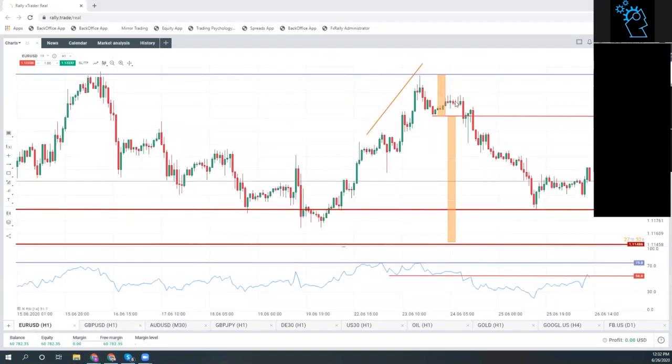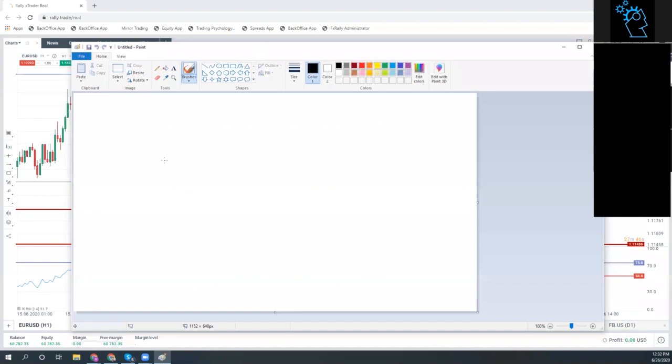Let me show you the difference between them. The difference is on these ones. So you have higher high, higher high, higher low, higher low, and this one is already a lower high.